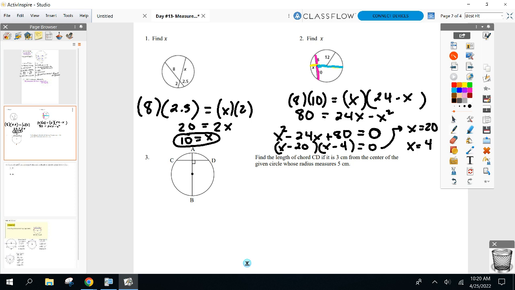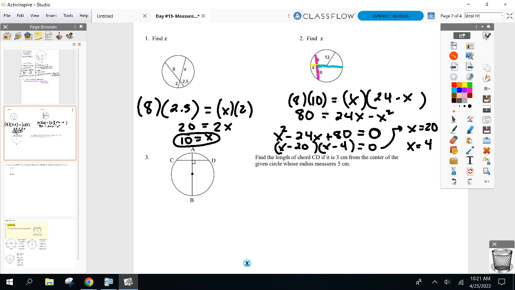Usually when we get a negative number, that kind of alerts us that maybe we got to get rid of it. Anybody got a problem with any of those positive answers? I do. 20 and 4, I got an answer that doesn't make much sense. Go back to your diagram. What's the radius length again?